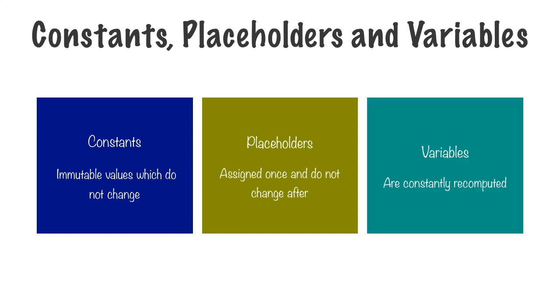And variables are indeed variable. They are constantly recomputed at each iteration during the training of a TensorFlow model. But just to be clear, once we are done with the training process and the variables have assumed their final converged values, those same values of the variables will be used without changing them for different values of the placeholders.